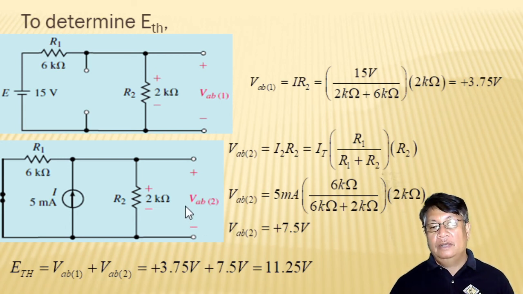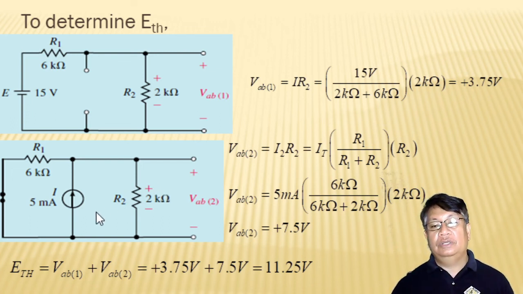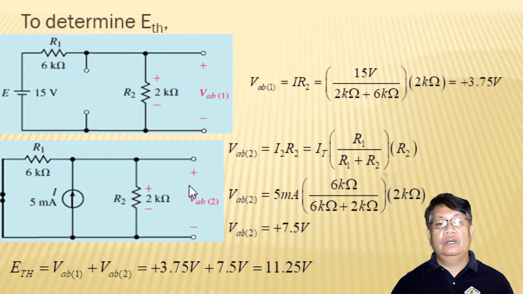Another solution, the next thing that you are going to do is solve your V sub EB, the terminal voltage here, by replacing the source with the current source.